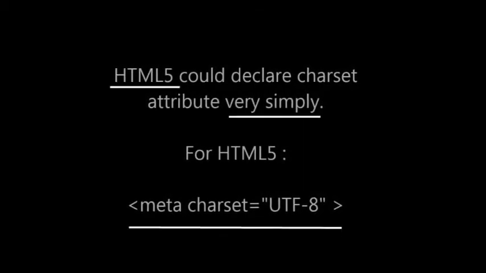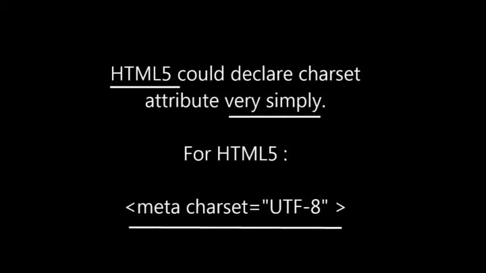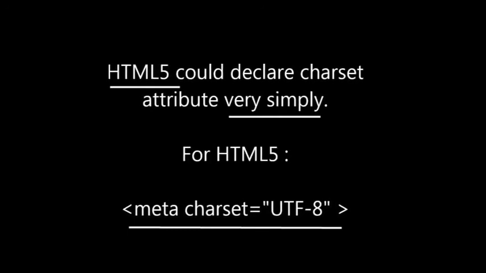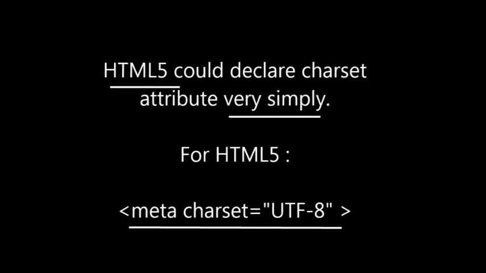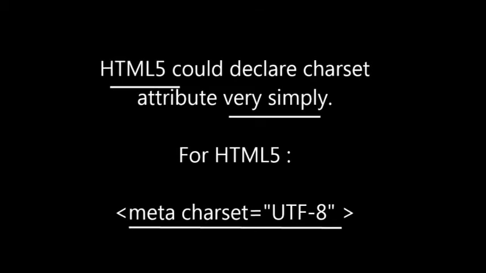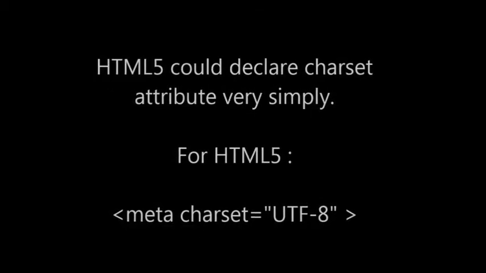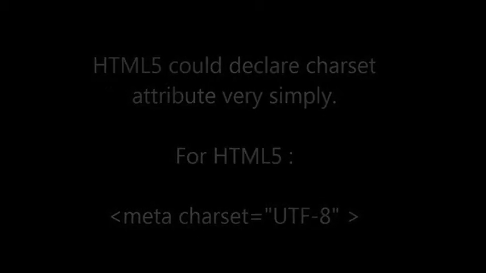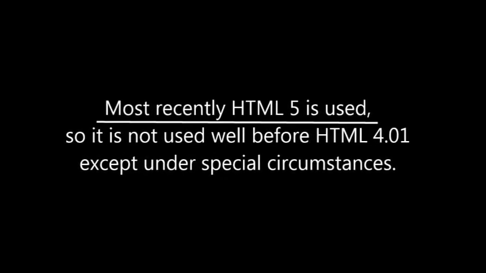HTML5 could declare charset attribute very simply. For HTML5, meta charset equals utf-8. Most recently HTML5 is used, so it is not used well before HTML 4.01 except under special circumstances.